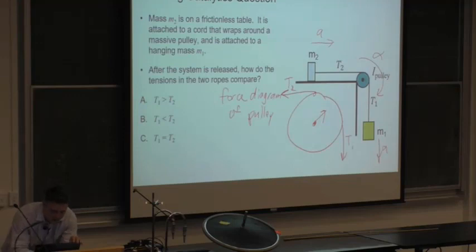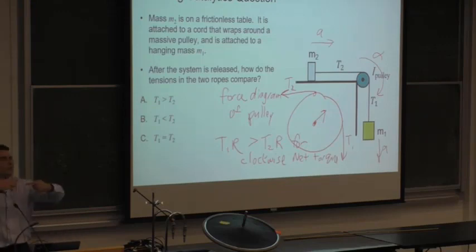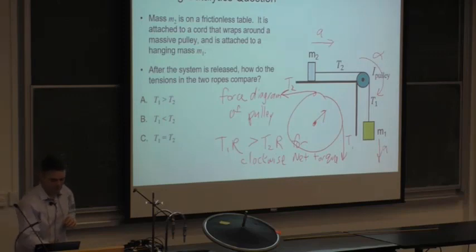And so I would say that T1 times R has to be greater than T2 times R for a clockwise net torque. Whatever force there is on the axle is on the rotation axis. That's what's holding the pulley there. Doesn't matter for torque. The torque is coming from the string. So I think it's got to be A. Any questions about that?